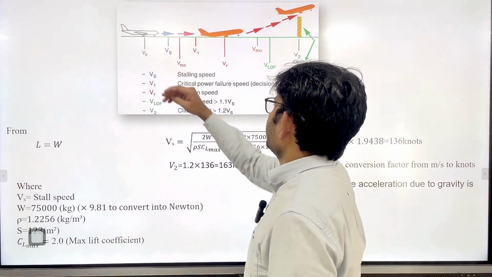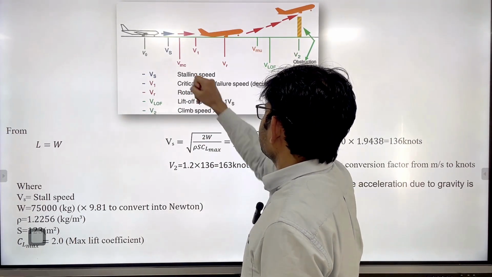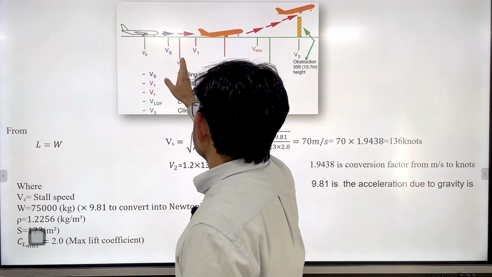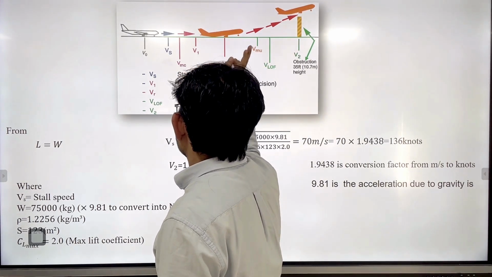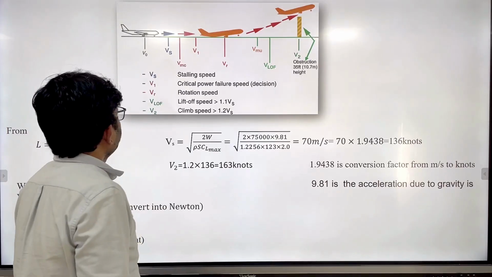Now many speeds are written right here, like the minimum control speed. Just after the Vs you have the minimum control speed.